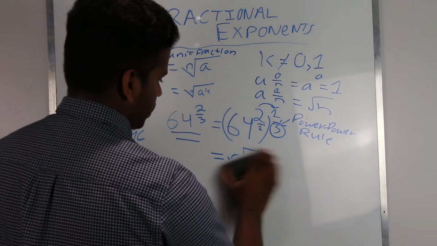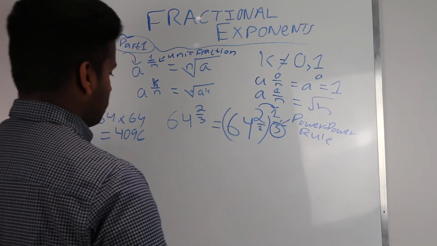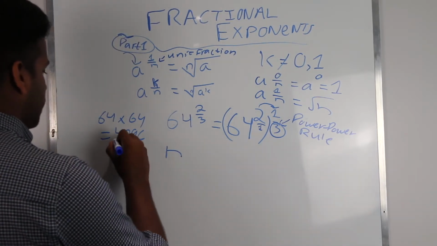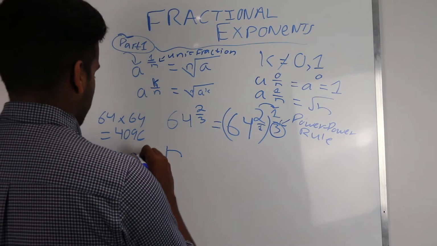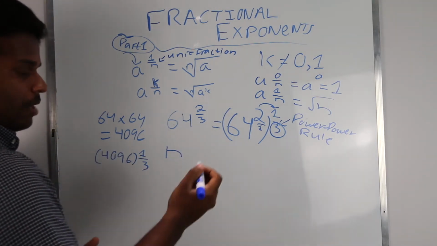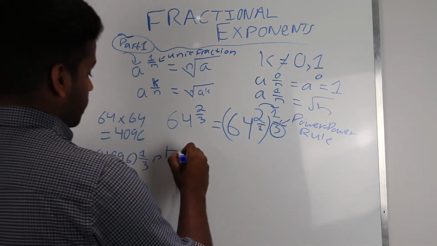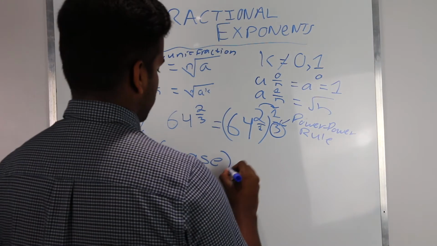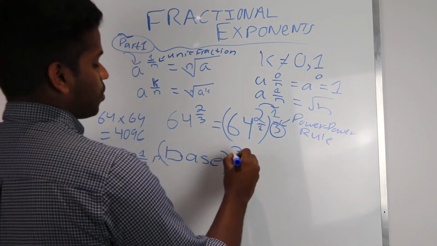I already showed you the concept of root in the last video, but I want to show it again. We have 4096 to the power of 1 over 3, which is also equal to the cube root of 4096. I just represented it in a different way. So base to the power of 3 equals 4096.